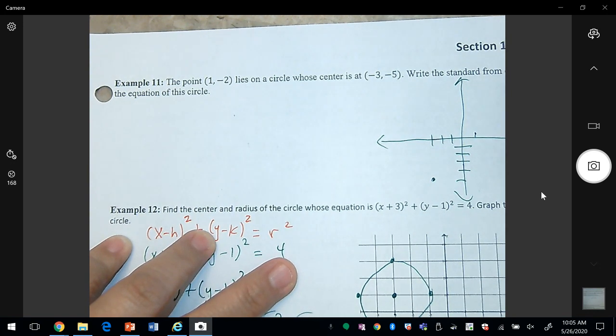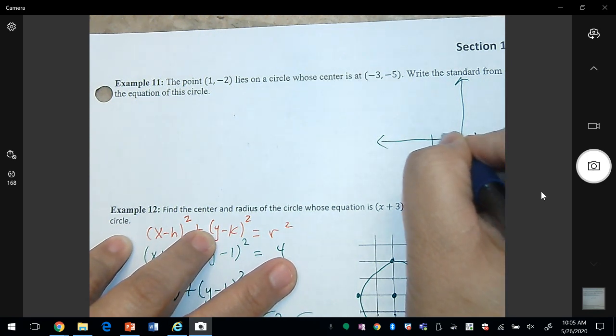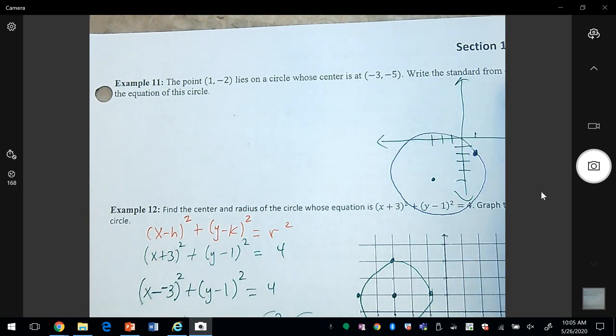And then the point is at 1, negative 2. And it says that it lies on a circle. So the circle might look something like this. Okay. And it wants us to write the standard form of the equation.